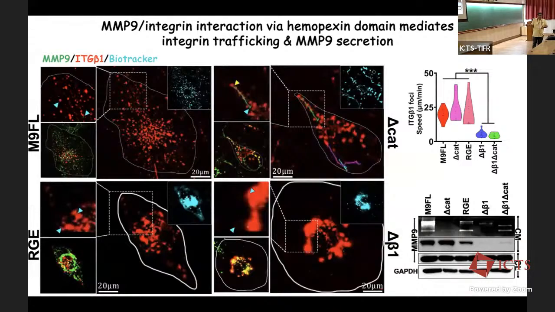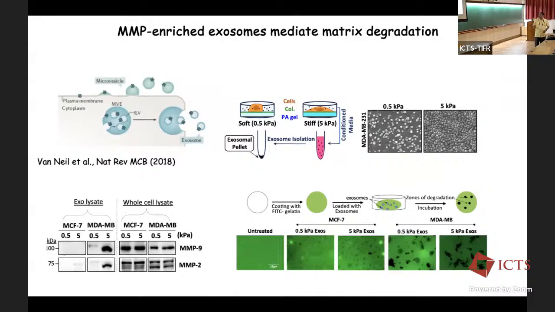In delcat, of course, as expected there is no activity, since we made it non-catalytic. In RG, you can detect some, but it is partly reduced. In the other two cases you can see very weak activity, and in total MMP9 also you see that there is no secretion, suggesting that this association is not just transporting integrins to the membrane, but is also essential for MMP9 to be secreted.